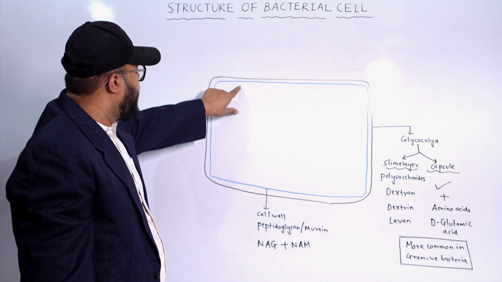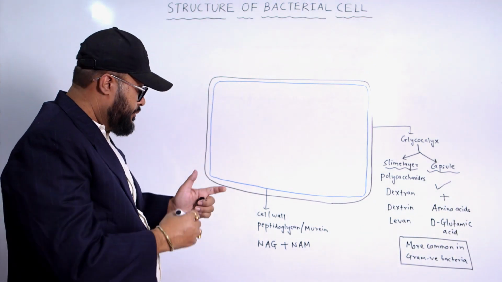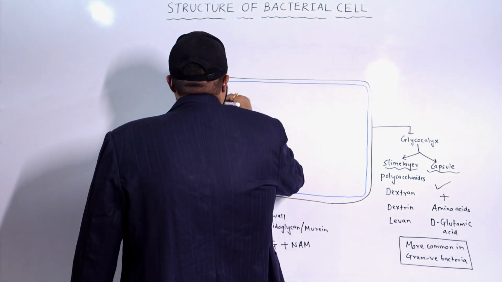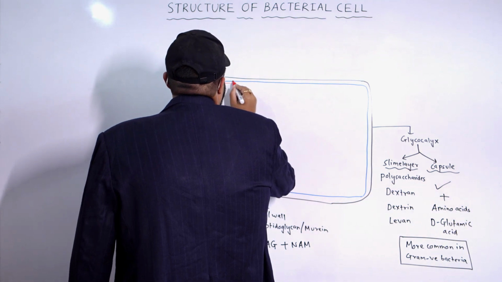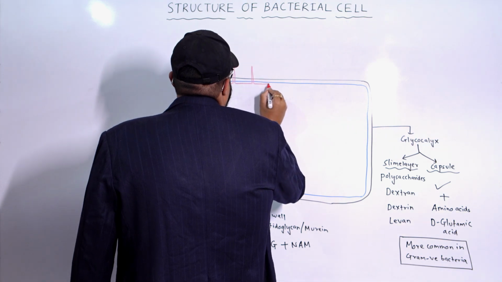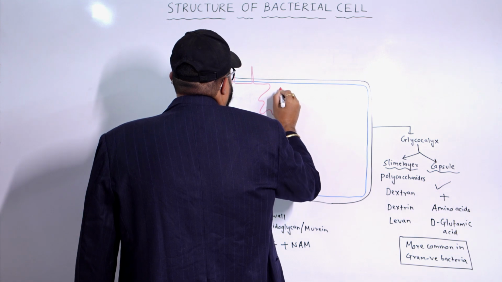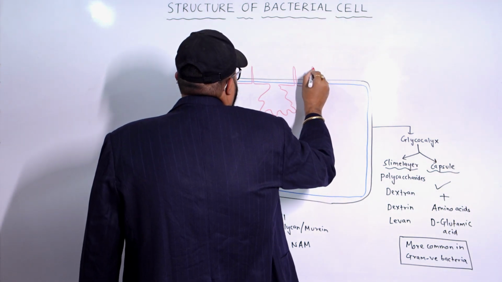Just inner to the cell wall, cell membrane or plasma membrane is present. Now I am forming the cell membrane or the plasma membrane. It is present just beneath the cell wall.